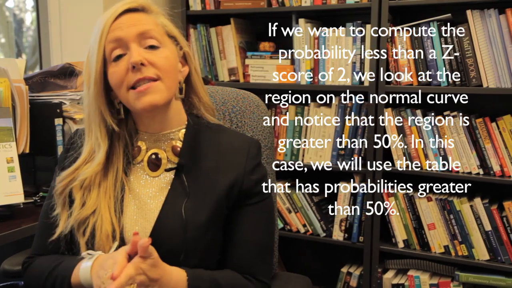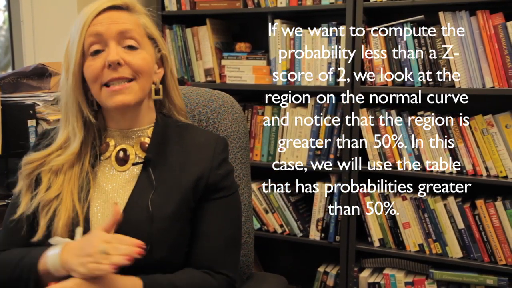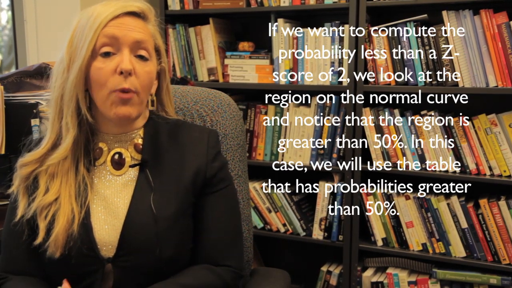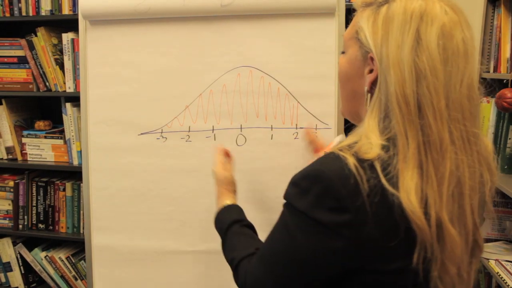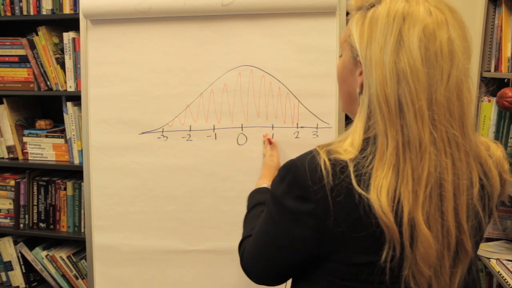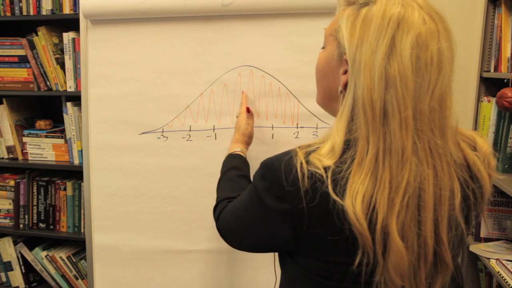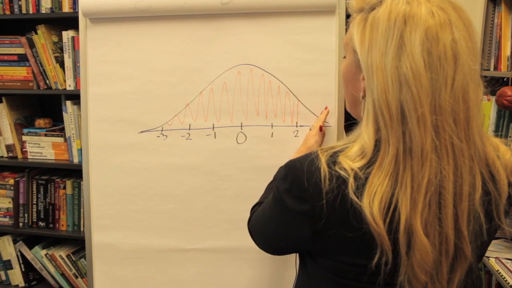For example, let's say you want to find the probability less than a z-score of 2. You notice that 2 is to the right of the mean. If you want all the probabilities less than 2, then notice that that percentage is going to be greater than 50%. Since the distribution is normal and it's symmetric, with a mean in the center and 3 standard deviations to the right and 3 standard deviations to the left, then 50% of the data is to the left and 50% is to the right.